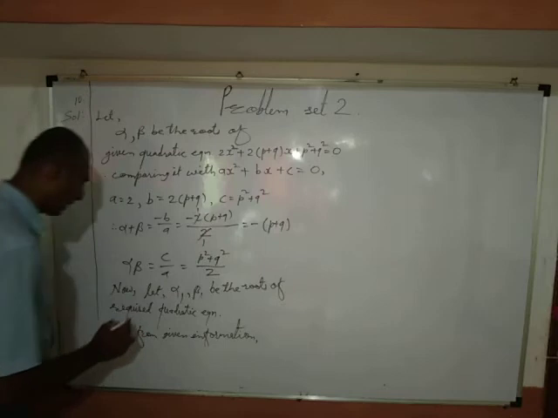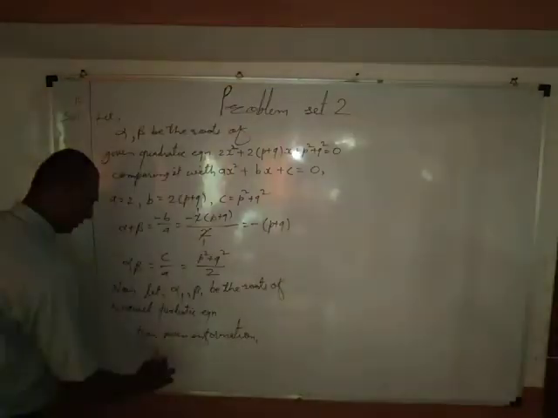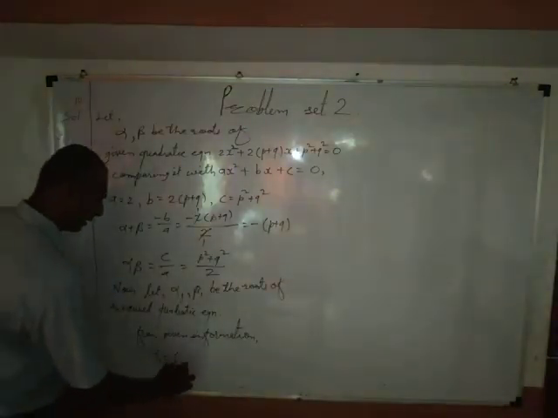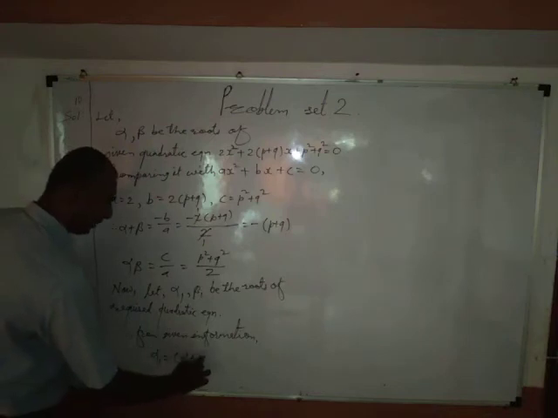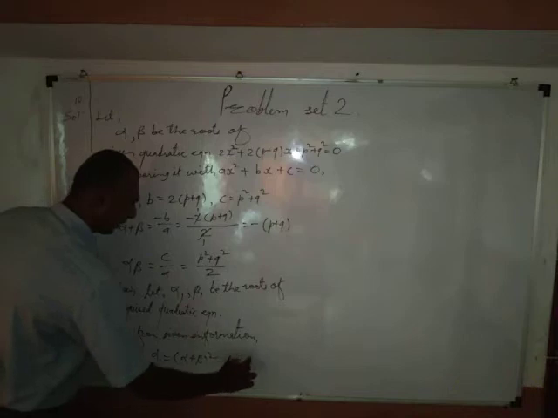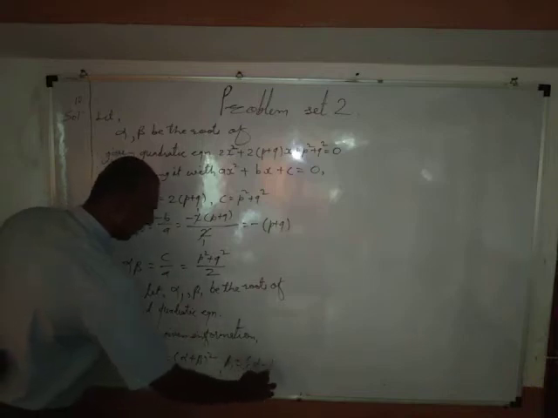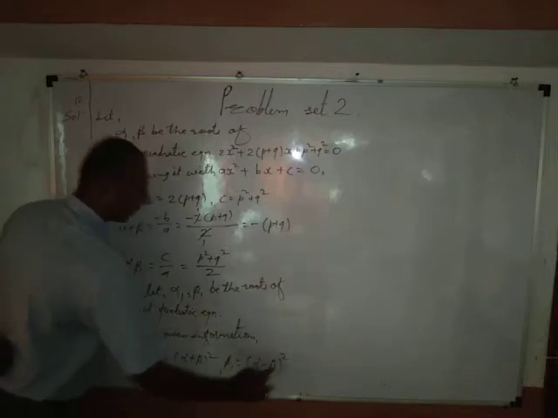Okay, and that's why alpha 1 will be equals alpha plus beta its square, and beta 1 will be alpha minus beta its square.